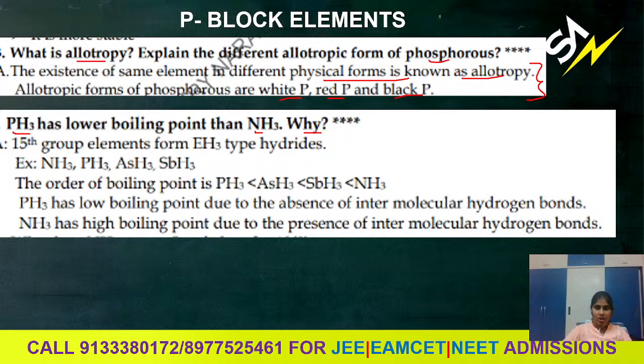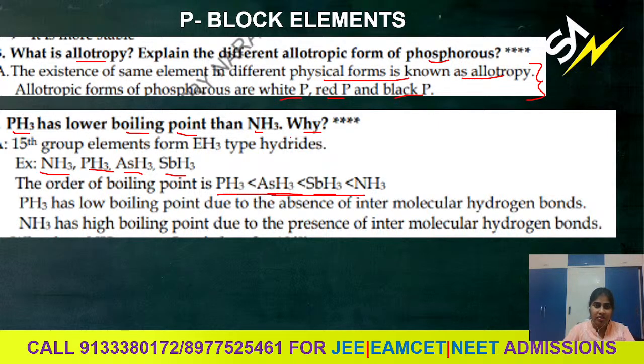Suppose we take all the 15th group elements in their hydride forms: NH3, PH3, AsH3 and SbH3. We need to compare their boiling points. If we compare them, ammonia has a high boiling point compared to SbH3, compared to AsH3, compared to PH3.